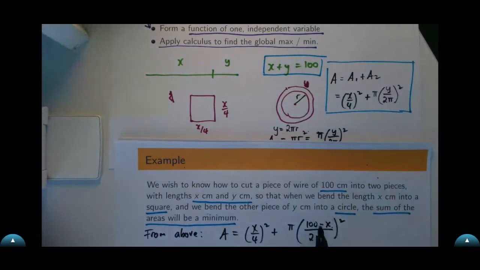All I've done there is I've replaced y with 100 minus x. So that is now my function. Hooray!